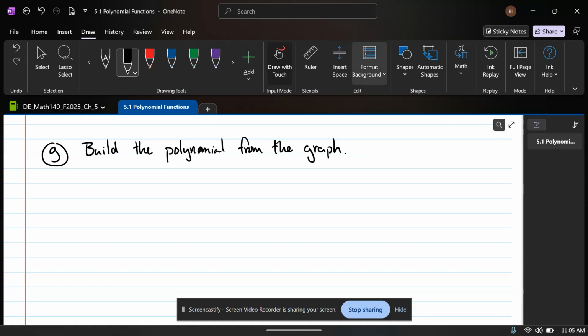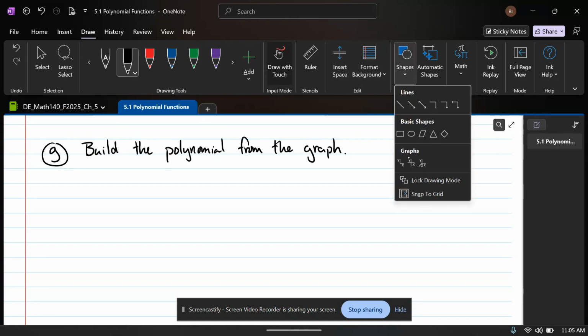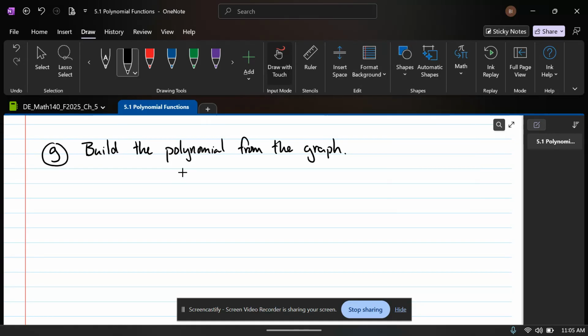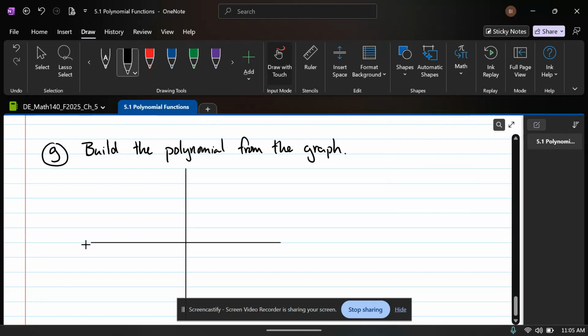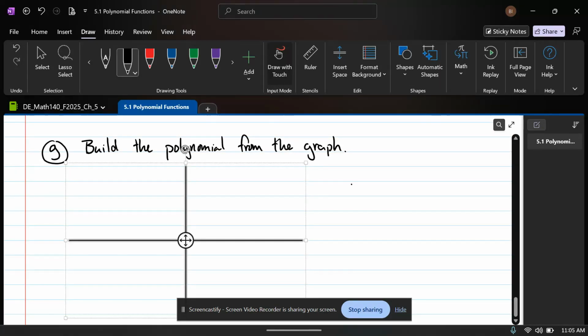So I'm just going to draw a little coordinate plane here. You're just sketching it. You don't have to make it perfect. I will label the points we need. There's just a coordinate plane. X and Y axis there. Fun stuff.